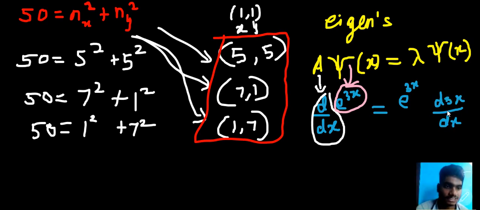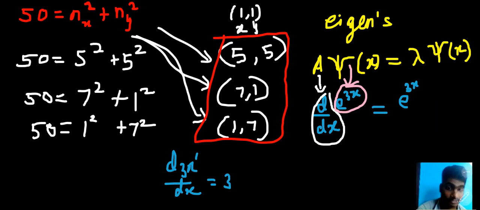Differentiating 3x gives 3 times d by dx of x to the power n equal to 1, so 1 times 3. Finally we get the value 3. Instead of writing this, I am erasing and writing the direct value, which is 3 here.